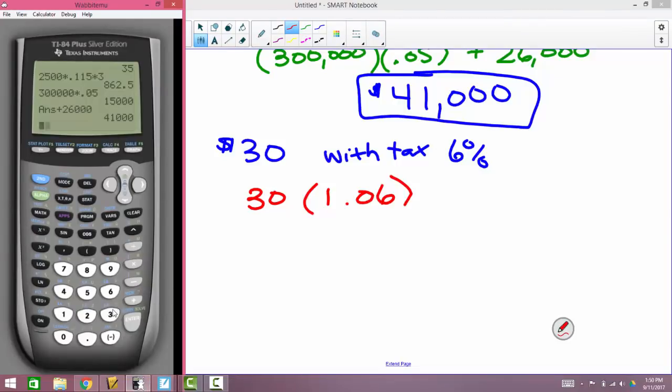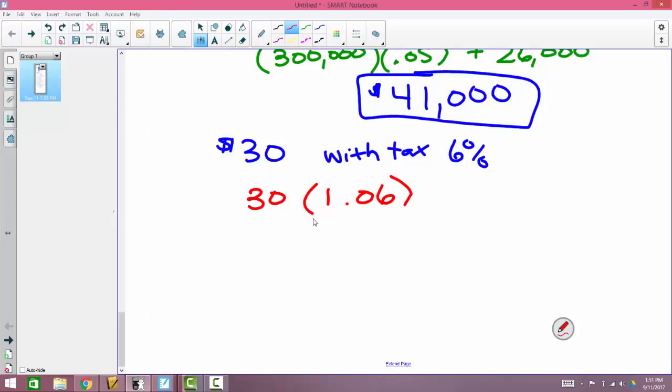So 30 times 1.06. So the total is $31.80. If you just did the 30 times the 0.06, you would see that it's $1.80, and then you'd have to add it. So if you just add the 1 right away, you will get the final answer.